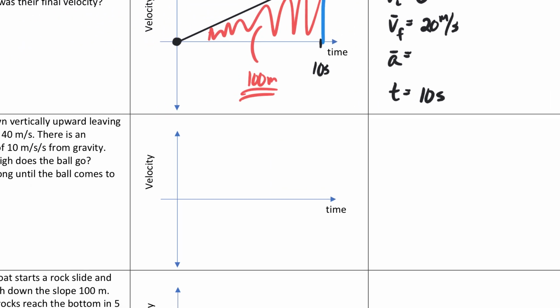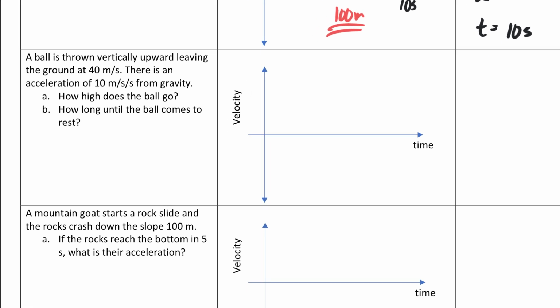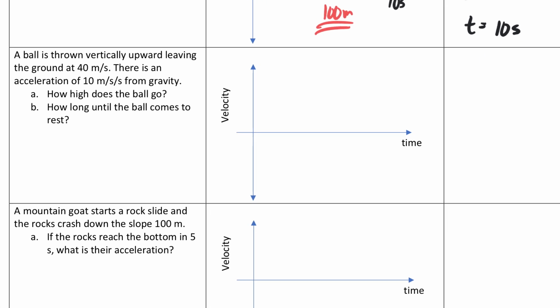Okay? I'm going to ignore the graph. I'm going to rewrite my 5 motion variables.